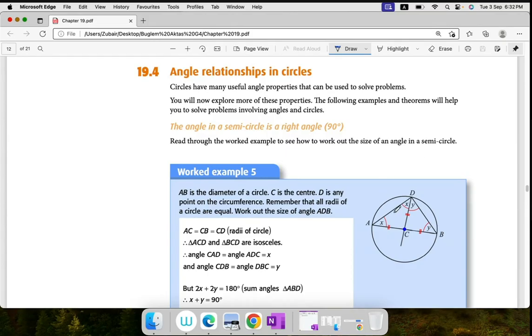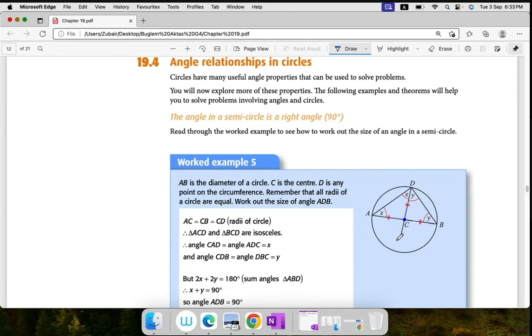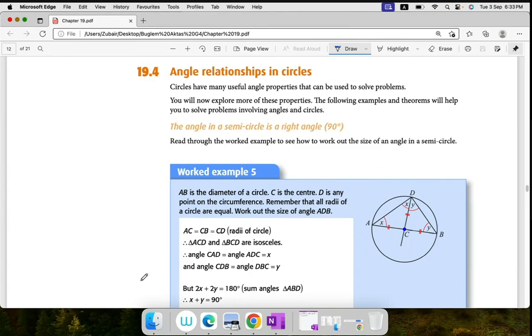And we can also solve that x plus y is equal to 90, because all these three corners, 2x plus 2y is equal to 180. Then we take out two common, and x plus y is equal to 90.